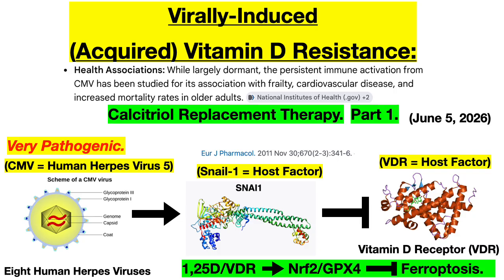And here we're discussing the ramifications of reactivation of CMV. The flow of information illustrated in this slide shows that in a tissue that does not have adequate access to calcitriol, this sets the stage for the reactivation of CMV, which locks in vitamin D resistance by upregulating a host factor, SNAIL1, which suppresses the expression of the vitamin D receptor.